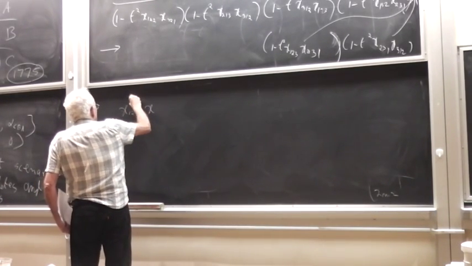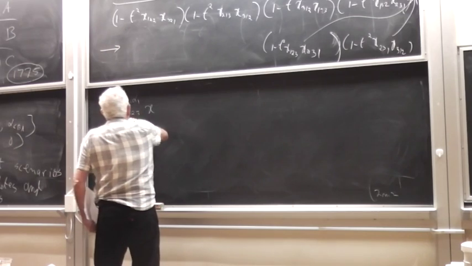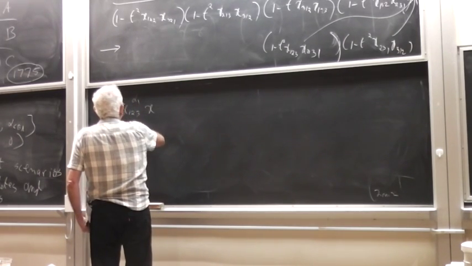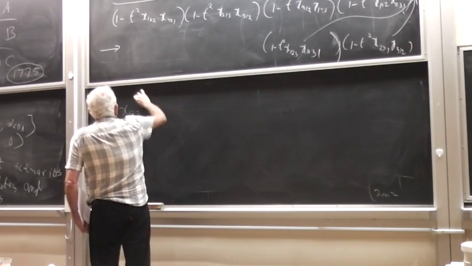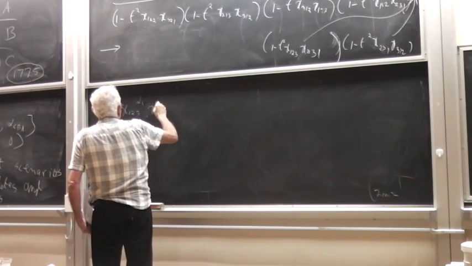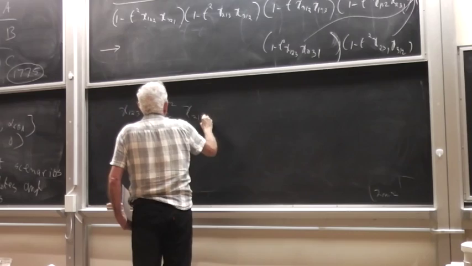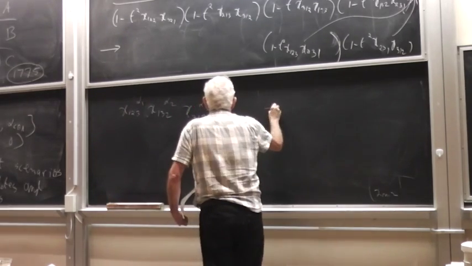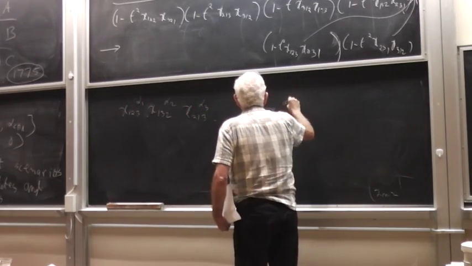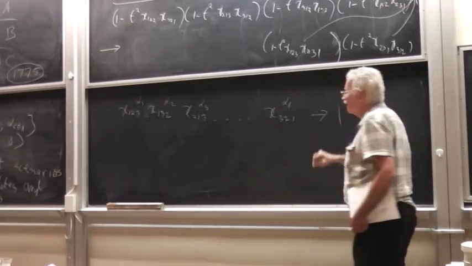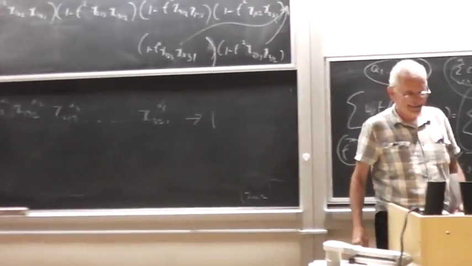So we have a general monomial, x1 to the 2, x2 to the 3, and so on, with exponents alpha 1 through alpha 6. Before, what we did was set everything to 1.